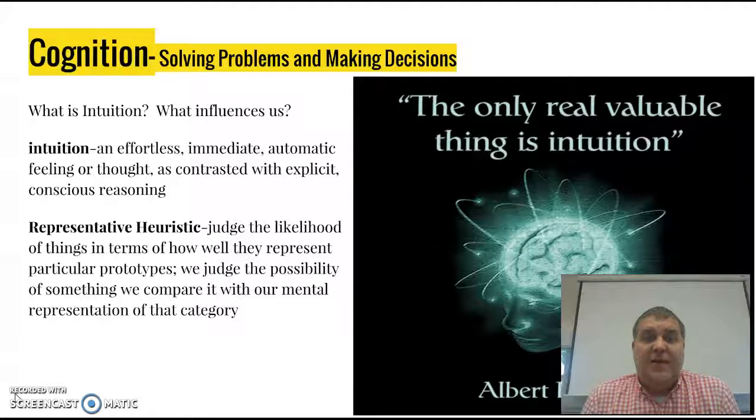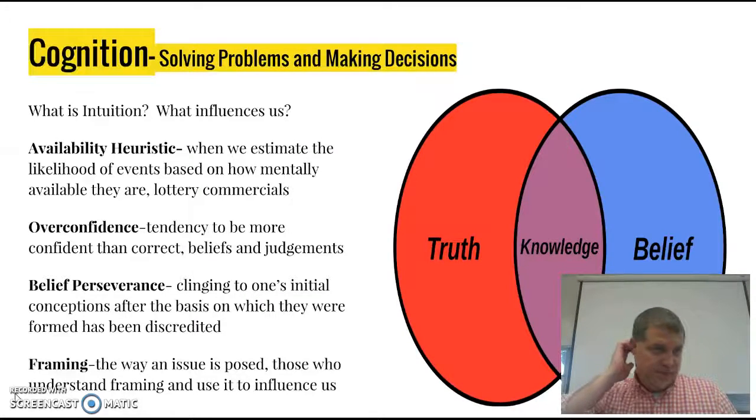It's an immediate feeling or thought as contrasted with explicit or conscious reasoning. The representativeness heuristic judges the likelihood of things in terms of how well they represent particular prototypes. So we judge the possibility of something by comparing it with our mental representation of the categories. We try to compare things from up here with what we see going on at the time.